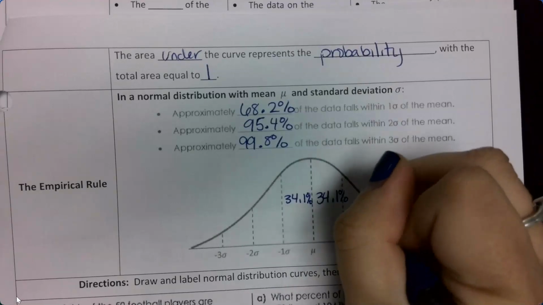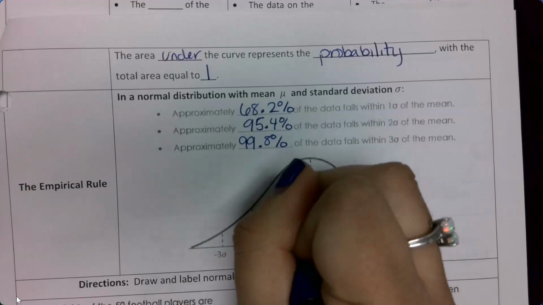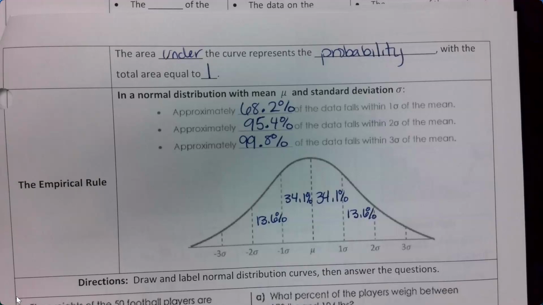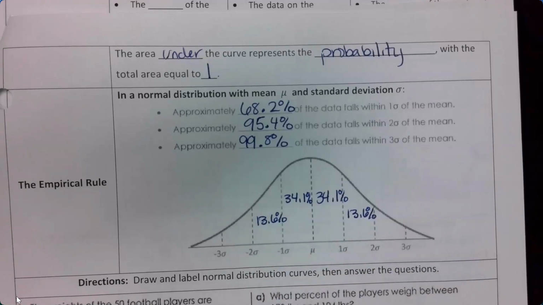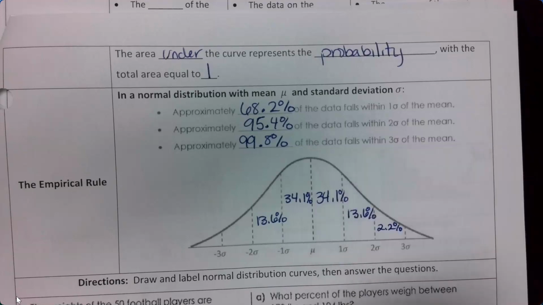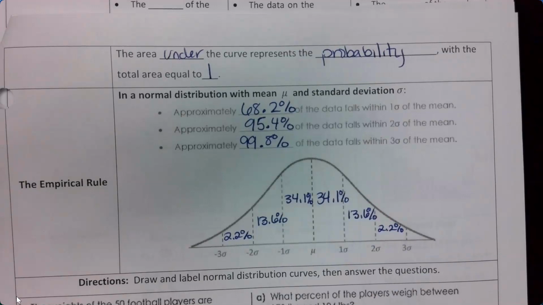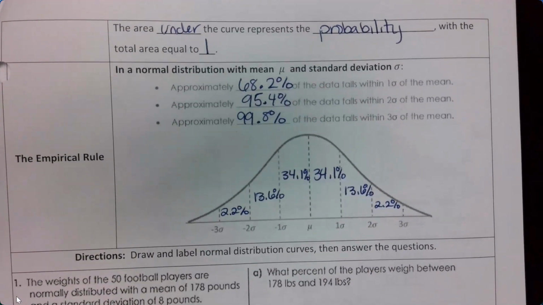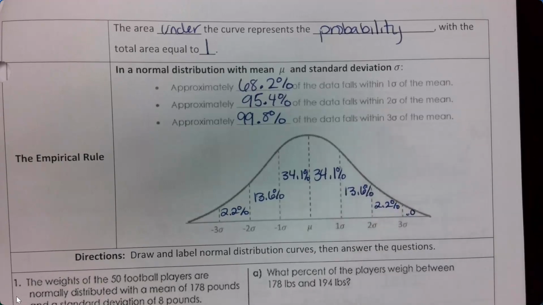Over here, this is going to be 13.6%. And this one's also going to be 13.6%. So if I add up all 4 of the percents I have, these should add up to 95.4. This one is 2.2%. And then my very last spot is going to be 0.1%. Sorry, I got the decimal in the wrong spot.